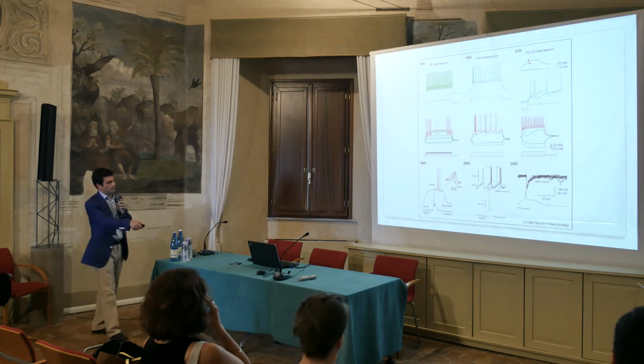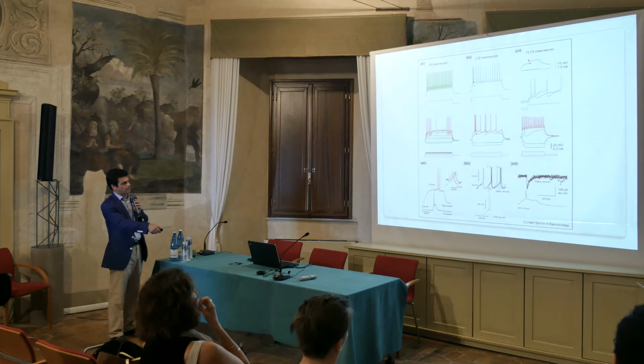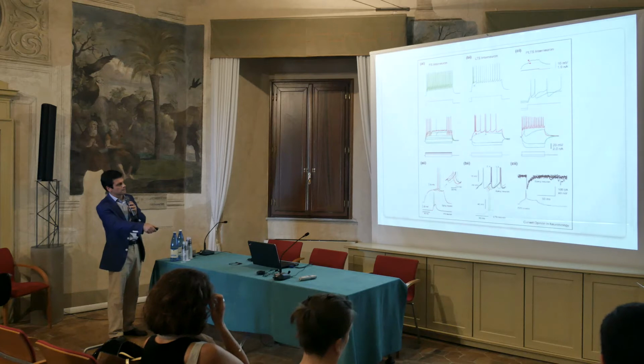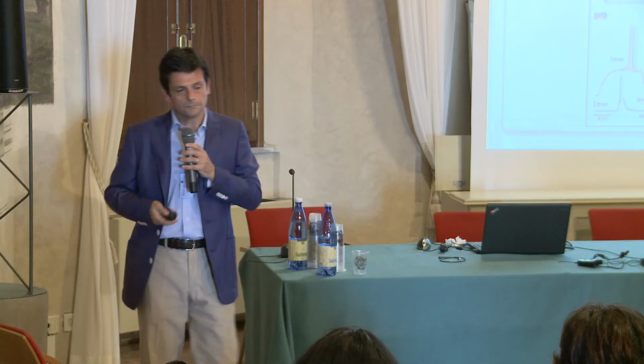If you give a quick look to these double recordings, you have here an FS interneuron, and here a spiny neuron. You see that if the FS fires, the spike of the spiny neurons is delayed. And again here, and again here.